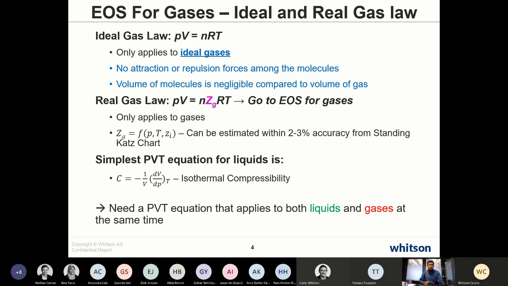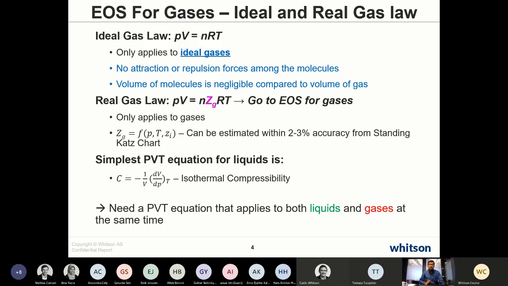And we know that Standing and Katz developed a chart for the gas Z factor that can give us very accurate values of the gas Z factor, and that's the only thing you would like to know to describe the PVT behavior of gases.